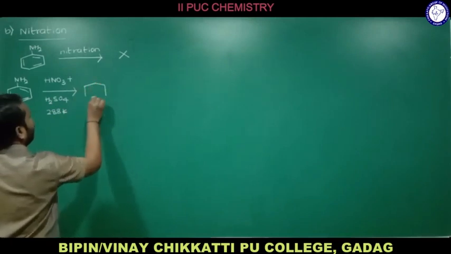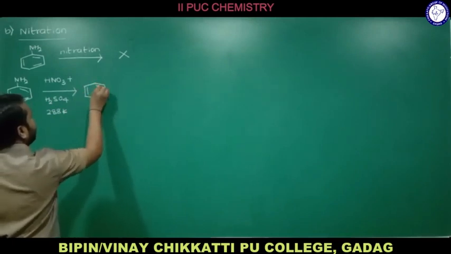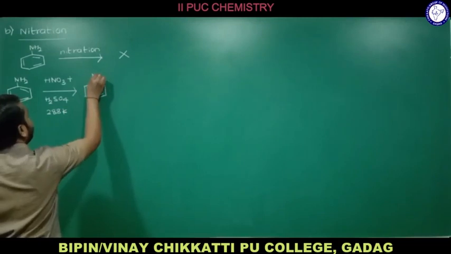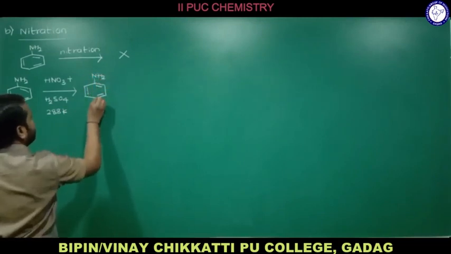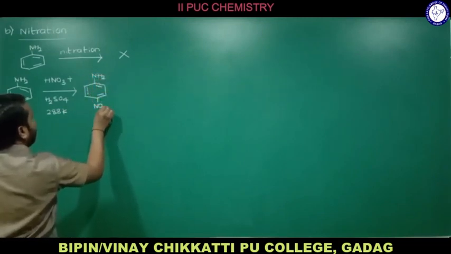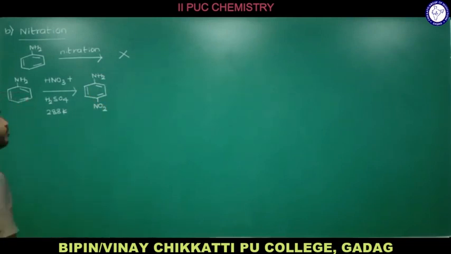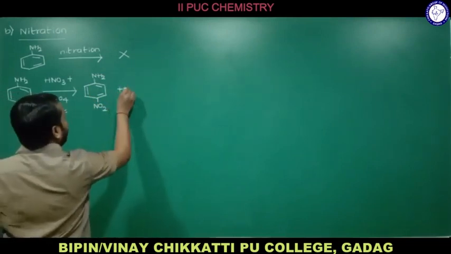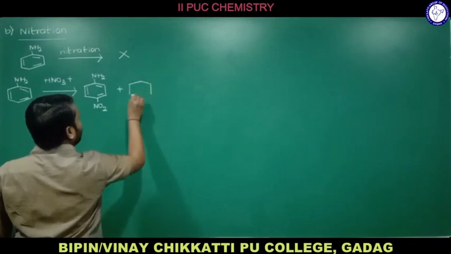And what kind of products are we going to write? So let me write over here. We are going to get aniline with a para substituted product. So nitration, therefore para-nitroaniline we get here, and we are going to get one more product.